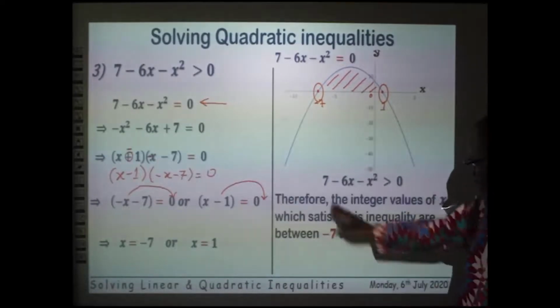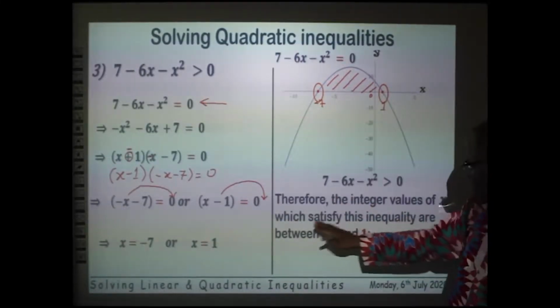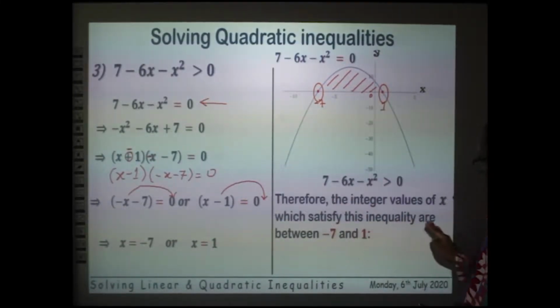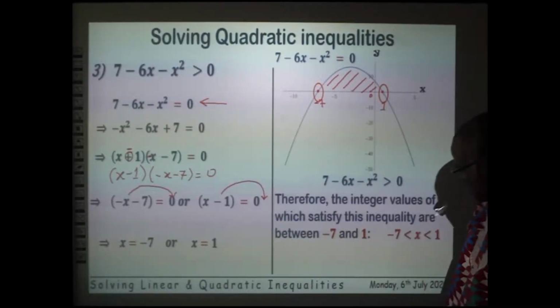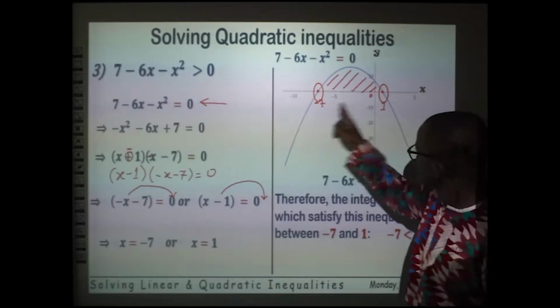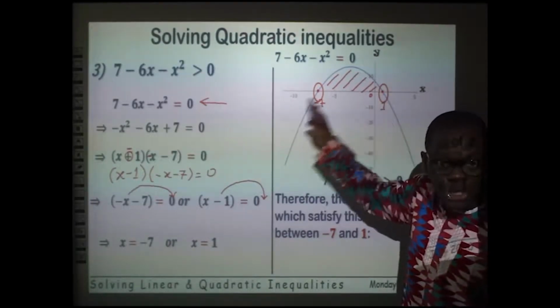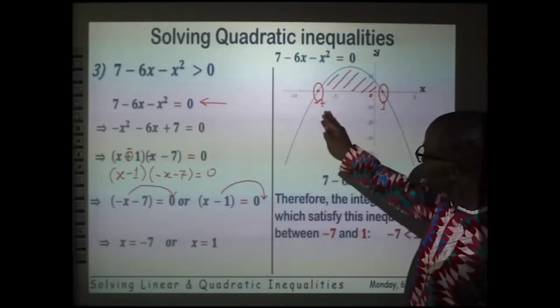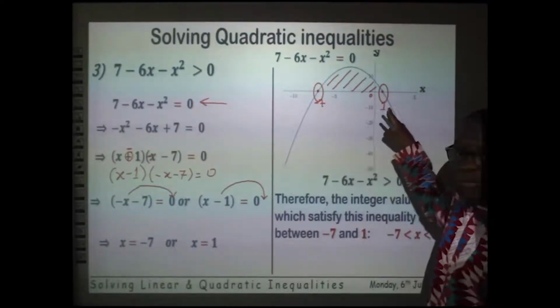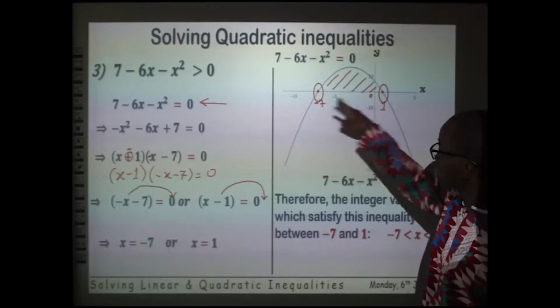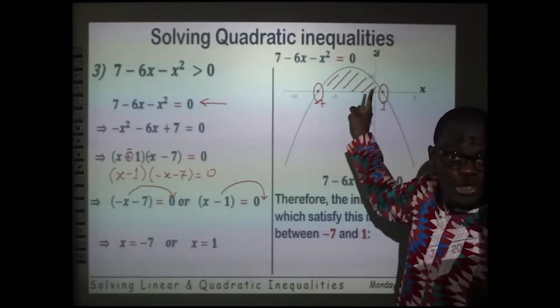Okay? So the integer values of x which satisfy this inequality are between -7 and 1. Okay, like that. Between -7 and 1. So now think of the integers, meaning the whole numbers, between -7 and 1. And remember, we're not going to include the -7 and 1. No, because the circles on these points are not shaded.